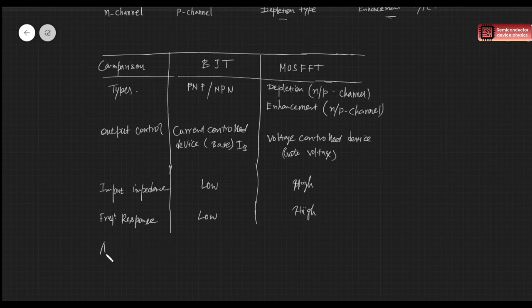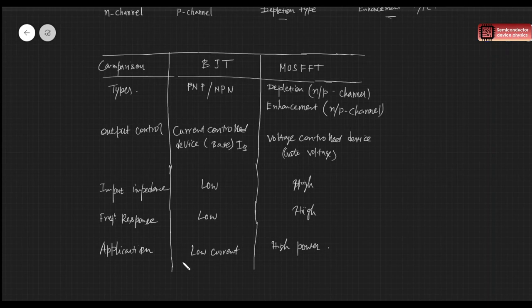And then the application, why do we use them? Application wise, we use the transistor especially for low current applications, typically a few milliamperes, sometimes it can go to just a couple of amperes, not more than that. But the MOSFET can be used for very high power applications, both high voltage and high current.